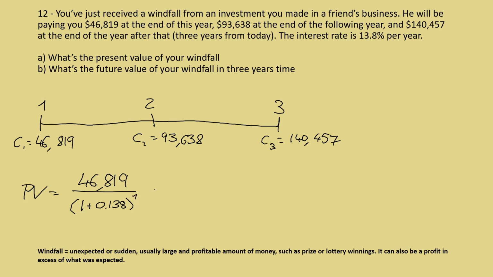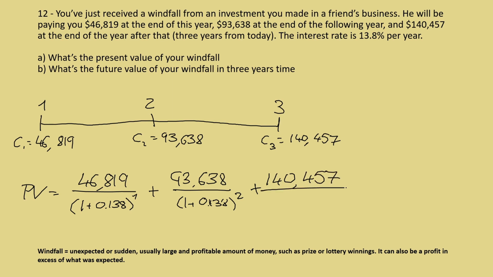Plus, let's look at the second period, 93,638 over 1 plus the interest rate, to the power of the period, which in this case is 2. And finally, the last period, period 3, 140,457 discounted by the interest rate to the power of 3.